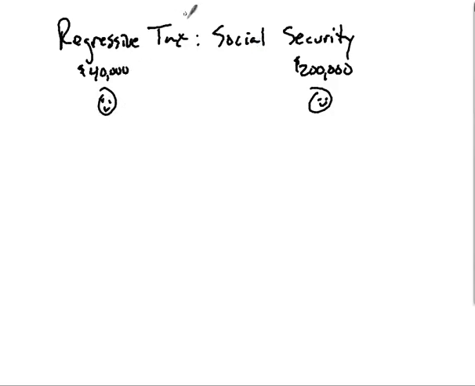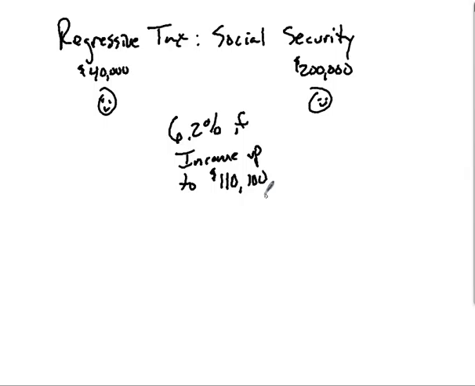So anyway, let's go back to these 2 people. So we got 40,000, 200,000. What the Social Security system does is they take 6.2% of your income up to, and this is current from 2012, $110,100. So if you're earning below 110, then you're paying 6.2% of your income.